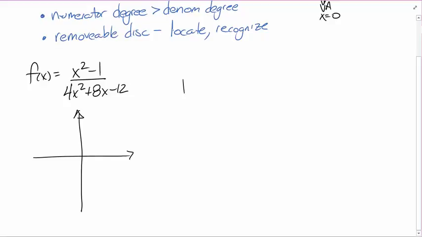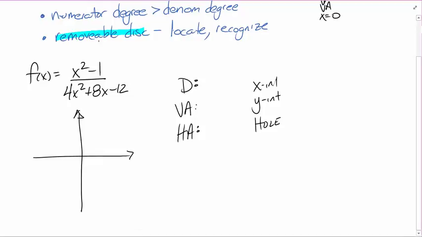We're going to talk about domain, as we always do. We're going to talk about vertical asymptotes, horizontal asymptotes. We're going to talk about x-intercepts, y-intercepts. We're now going to introduce this idea of a hole, or a removable discontinuity. So this removable discontinuity is synonymous with a hole in the graph.